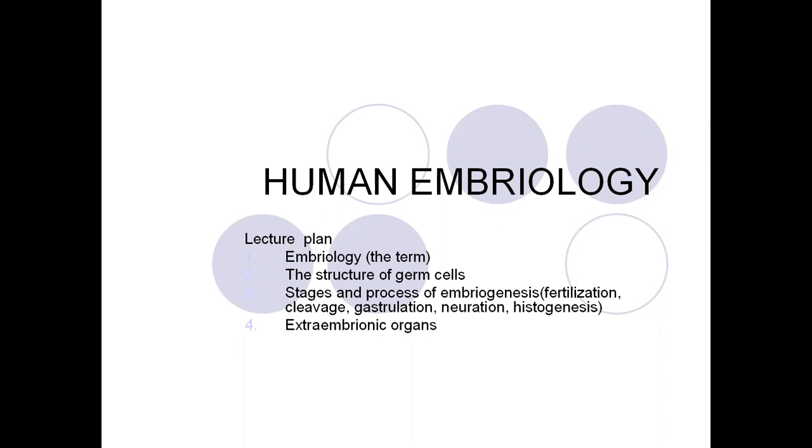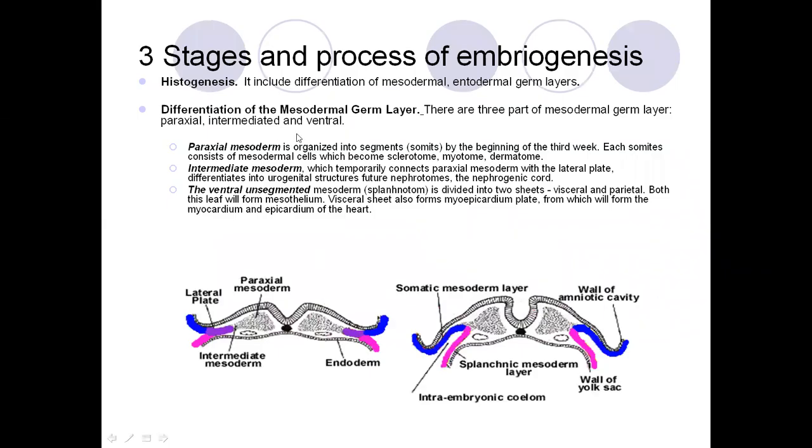Different tissues and different systems of organs will develop from these three layers. So, differentiation of ectoderm, entoderm, and mesoderm.